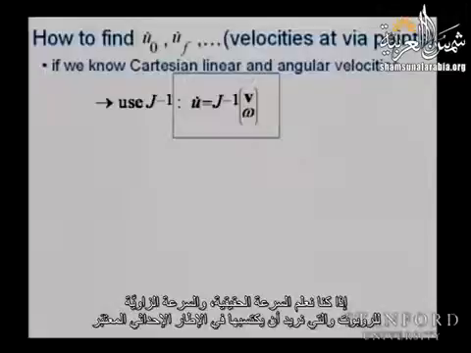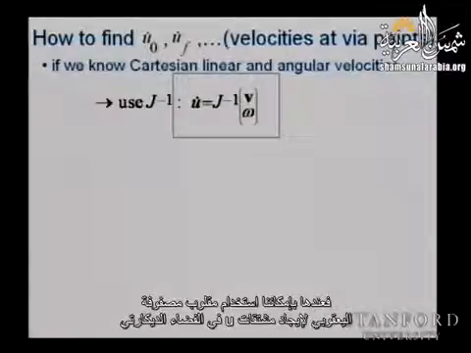Now, how to find those? Well, obviously, if we know the actual velocity and angular velocity that we want the robot to have for the actual coordinator, then we can use the inverse of the Jacobian to find the u dots in the Cartesian space, right?